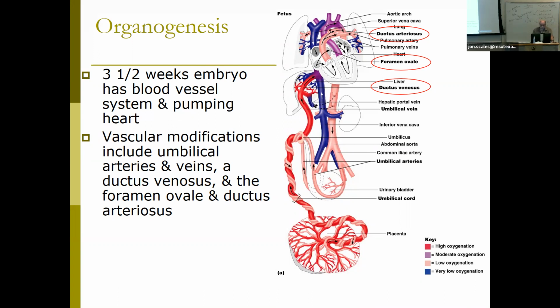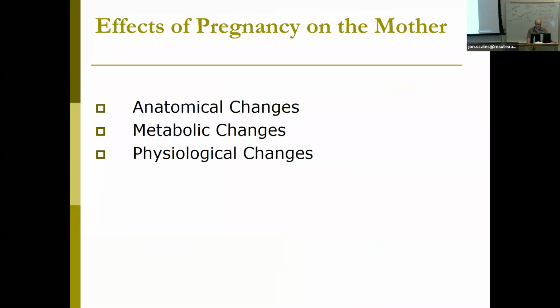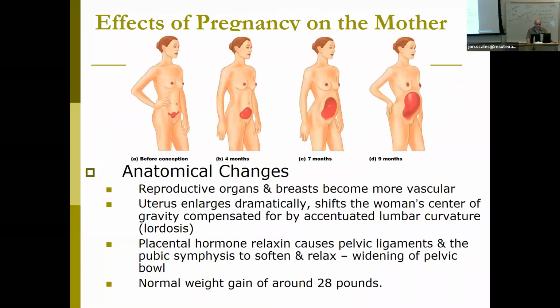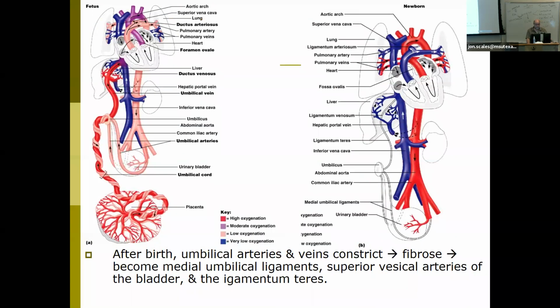All right, so what happens to all of those things after birth? All right, so after birth, the umbilical cord is pinched shut, okay? They clamp that off, and then it's cut.